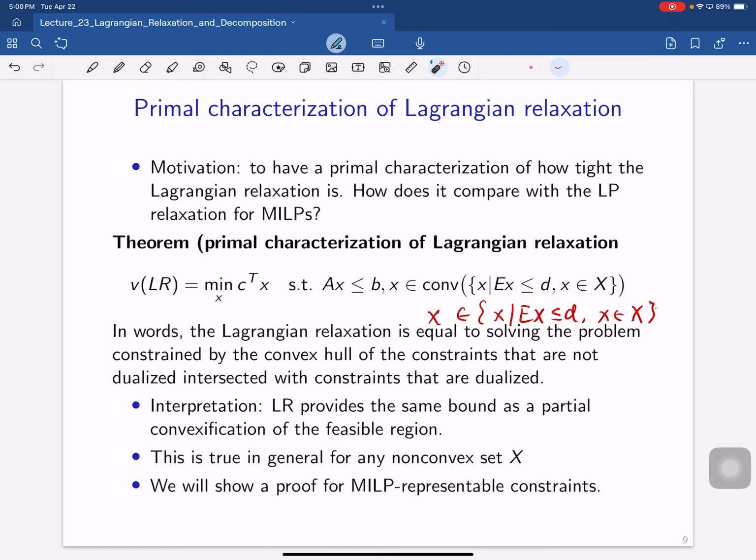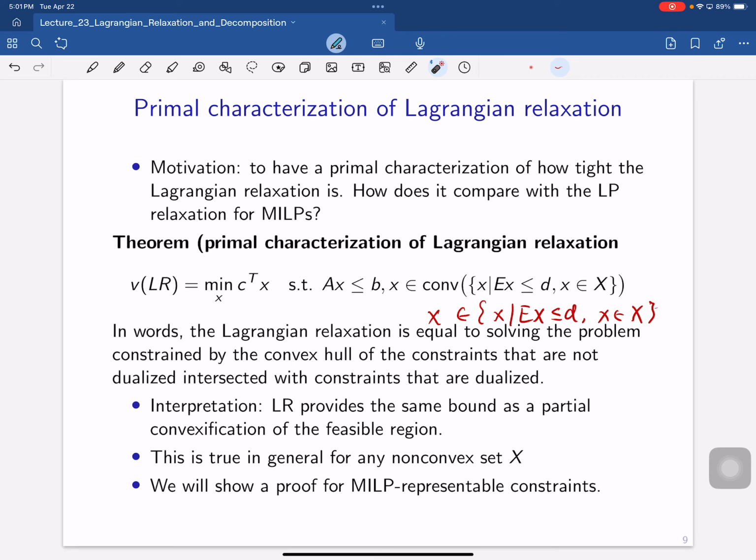That's a good intuition. If you do the linear programming relaxation, you are just relaxing this set using its LP relaxation. This is a mixed integer linear programming set, so you just do the LP relaxation for this set.